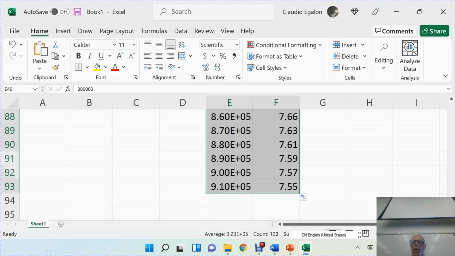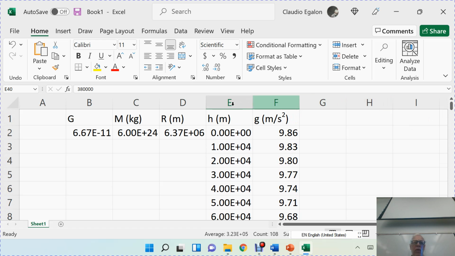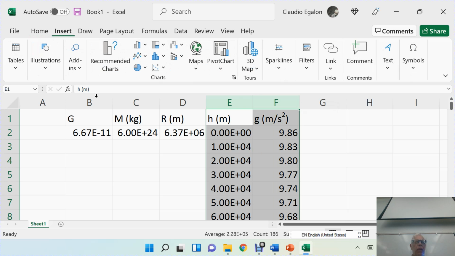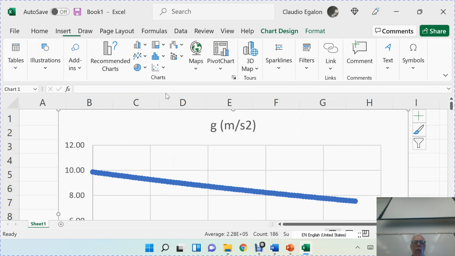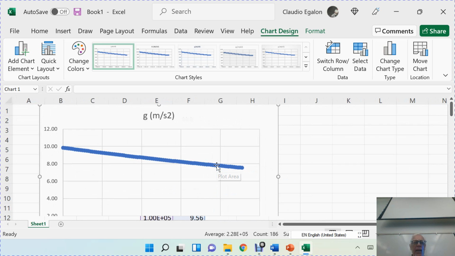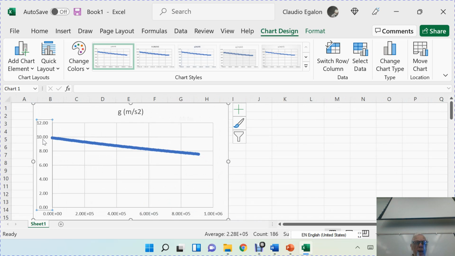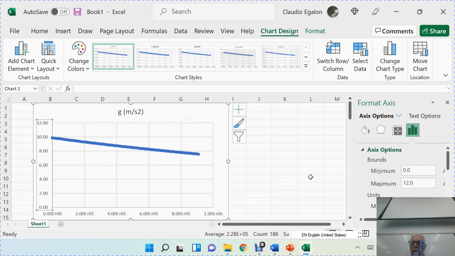So let's plot this graph, and we are plotting against the height, the height from the surface of the Earth. Oh, see, looks like a linear decrease, right? Looks like, but that's because the format of the graph is not a good one.